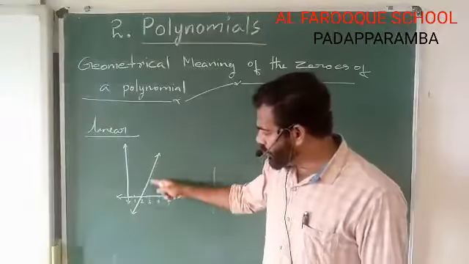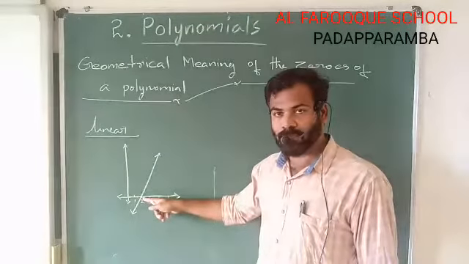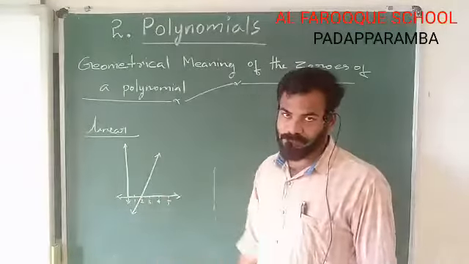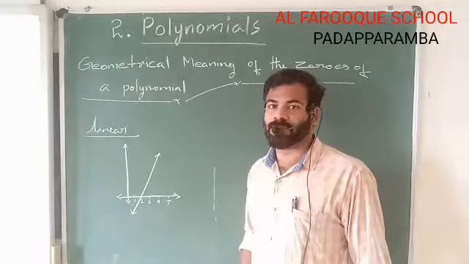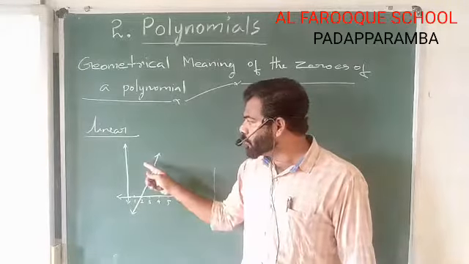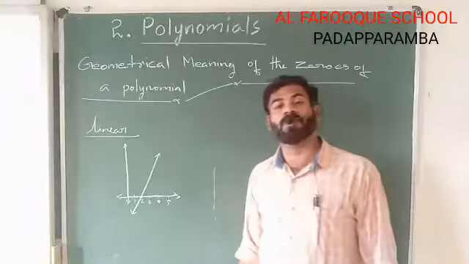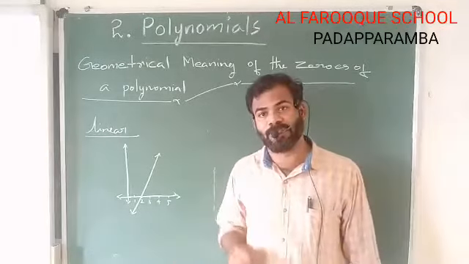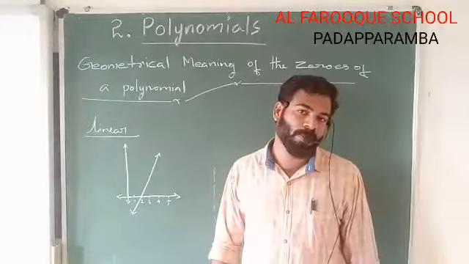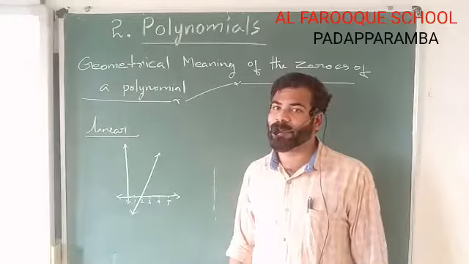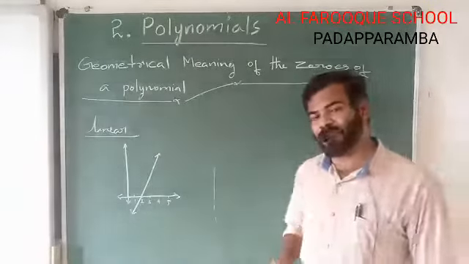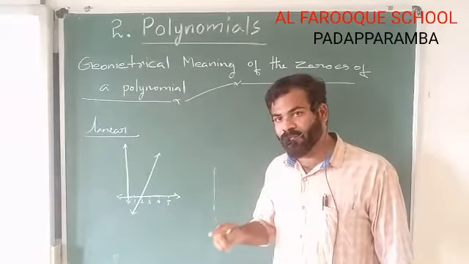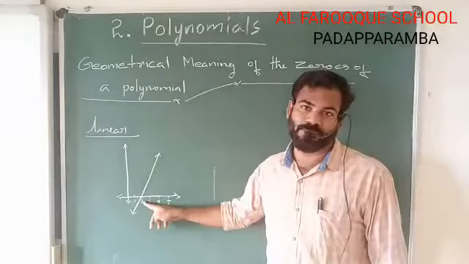Here you can see an intersection with the x-axis. Now listen, through a graph we can understand the zero of a polynomial by the point of intersection of the graph with the x-axis.